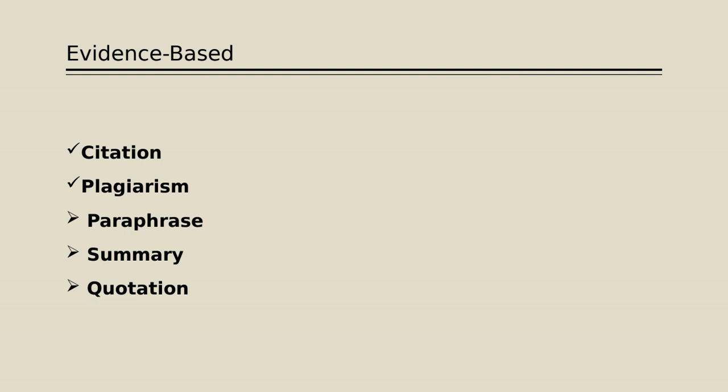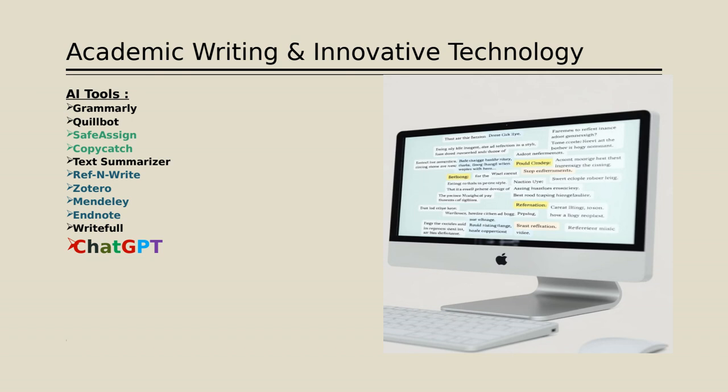Last point, maybe followed by my own advice, is using AI tools. You have this list of AI tools, and by now we cannot say we are not using one or two of them, or all of them, let's say.